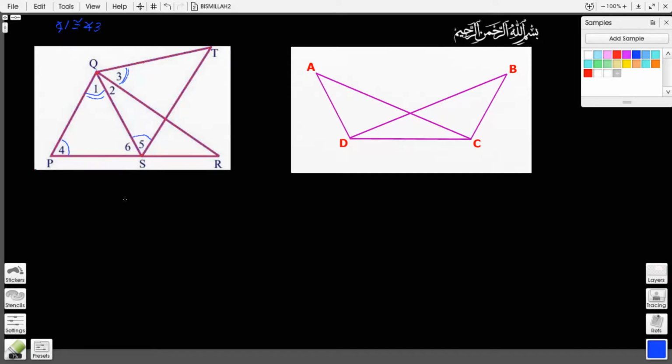And then we're told that this segment is congruent, and that this segment right here, QS, is congruent to QP. All right, and then we're asked to prove that triangle QPR is congruent to triangle QST.